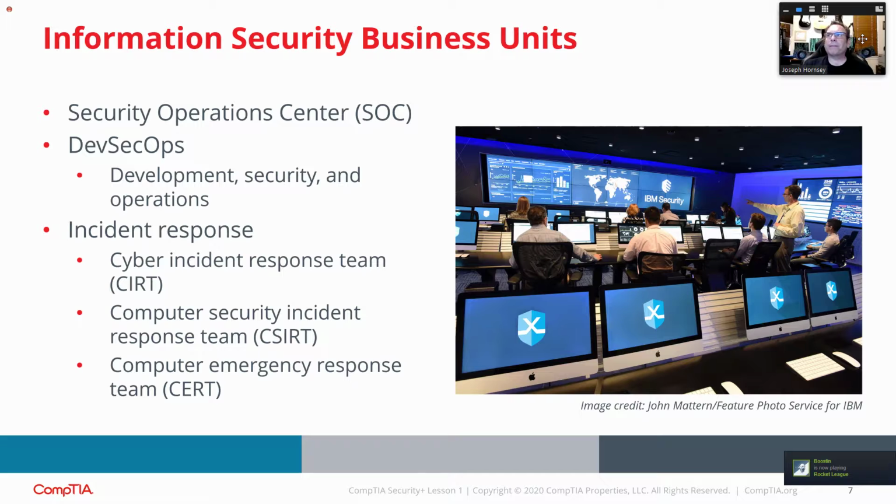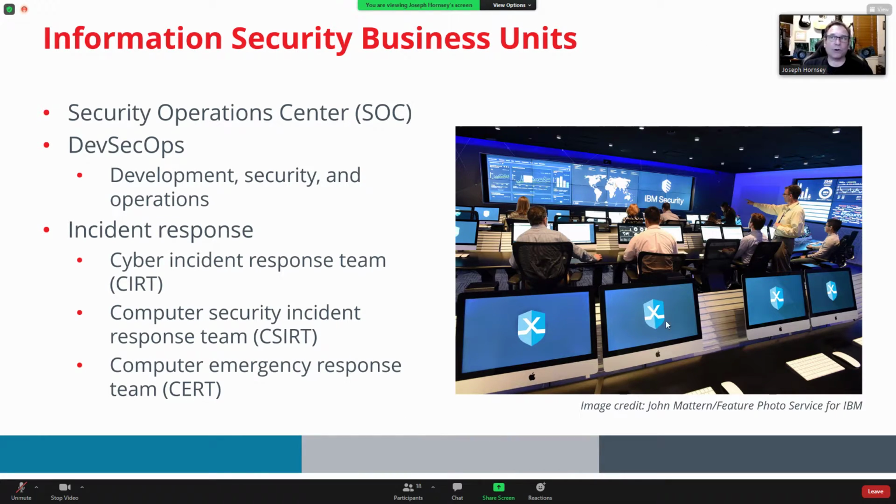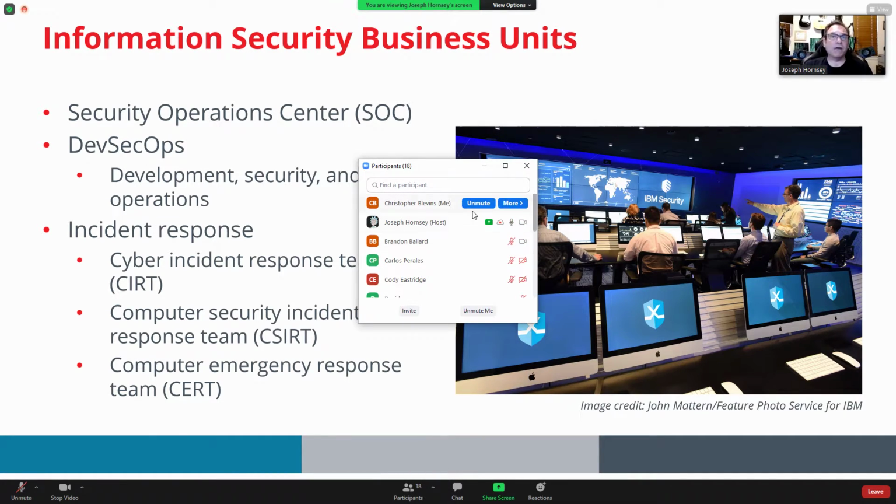There is a position, or this bullet point here, DevSecOps. We're going to talk about this more when we get into the lesson next week on application security concepts. But if you're in a company that develops software of any kind, like the company I work for, you have a position known as DevOps.